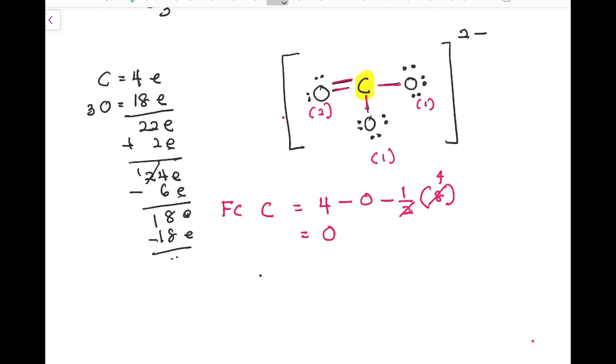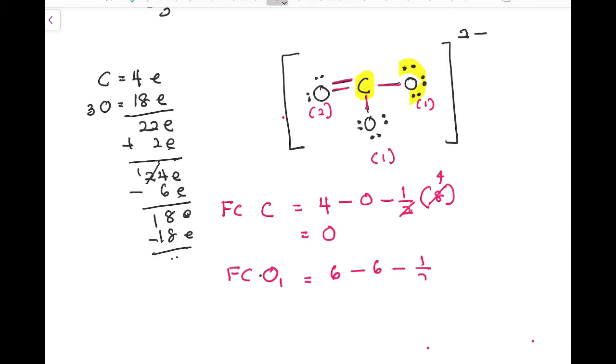Right. So we have 2 types of oxygen. Let's calculate the formal charge for oxygen number 1, the oxygen with a single bond. Oxygen has 6 electrons, minus how many lone pair electrons around it? Minus 6, right?